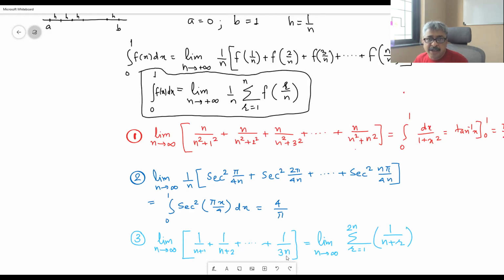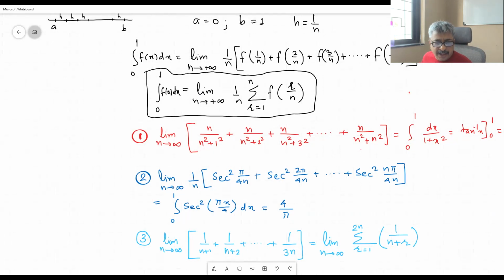So there are 2n intervals which are made, each of width h. And therefore, if we still consider nh is equal to 1, then 2nh will be equal to 2, and therefore this we should write as integral 0 to 2, if at all we could convert it into the form of this.